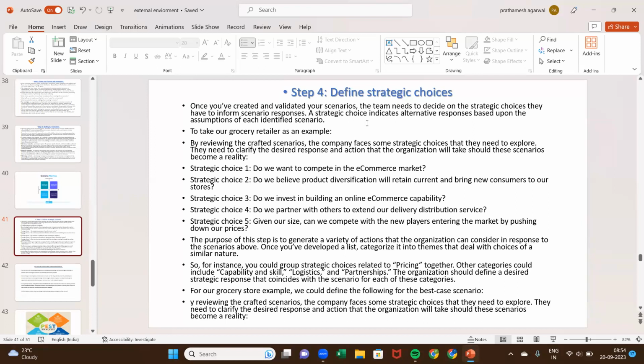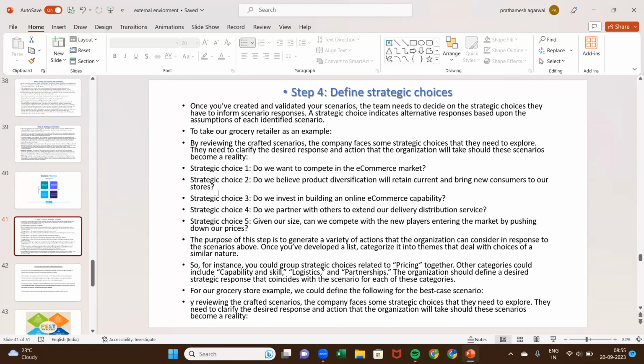A strategic choice indicates alternative responses based upon the assumptions of each scenario. For example, we have taken an example of grocery retail. By viewing the crafted scenarios, the company faces some strategic choices that they need to explore. They need to clarify the desired response and the action that the organization should take regarding these scenarios.